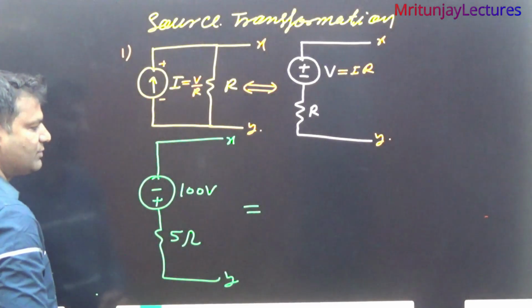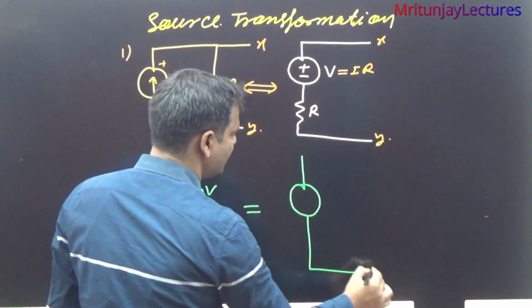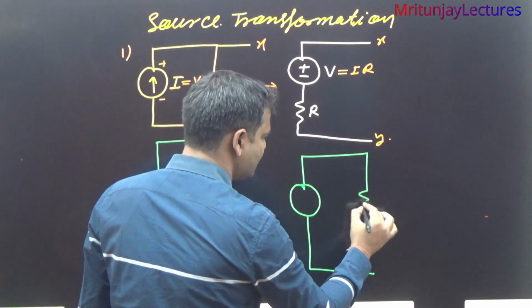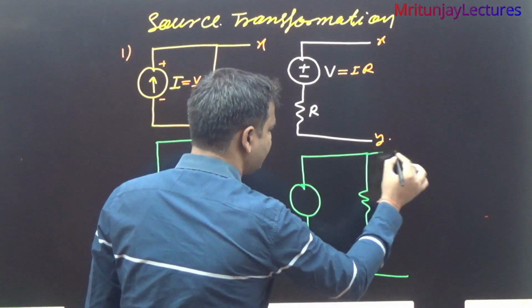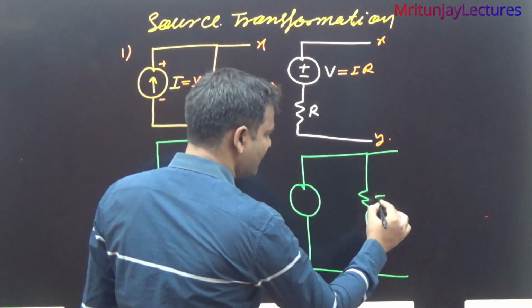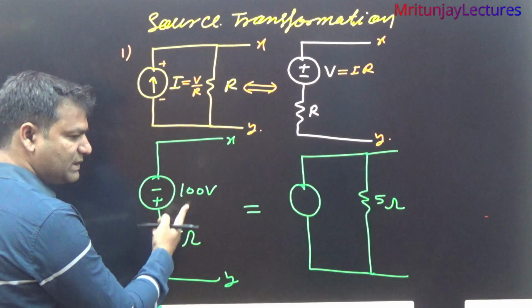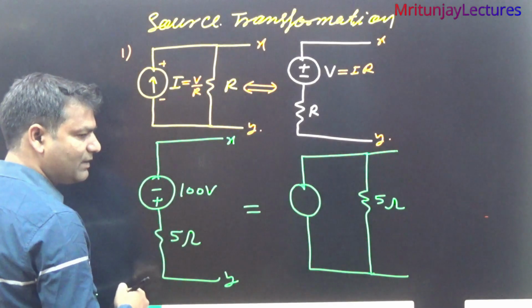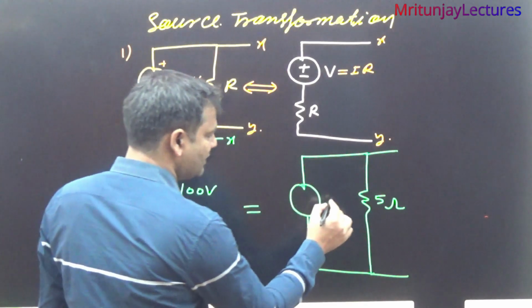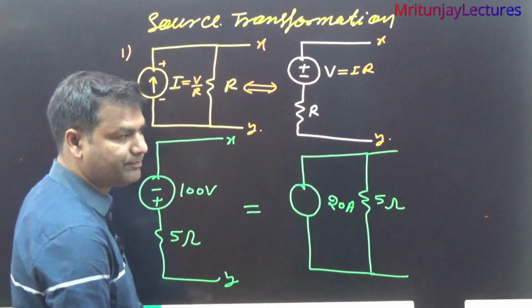So what about the current source? Simply make the current source like that, with a parallel resistance connected, simply written 5 ohm. And what about current? Current is always voltage divided by resistance. So 100 divided by 5, that is 20 ampere.